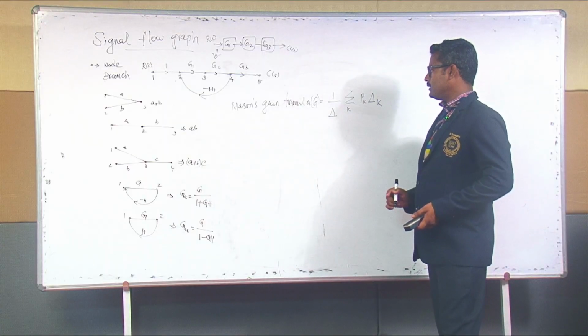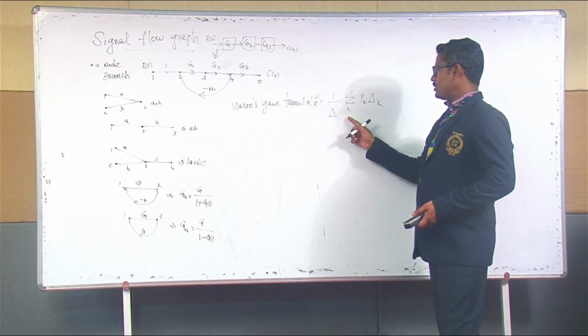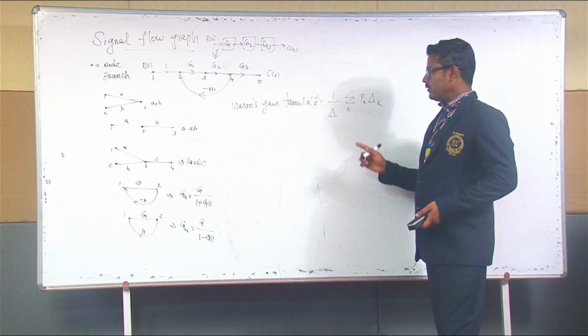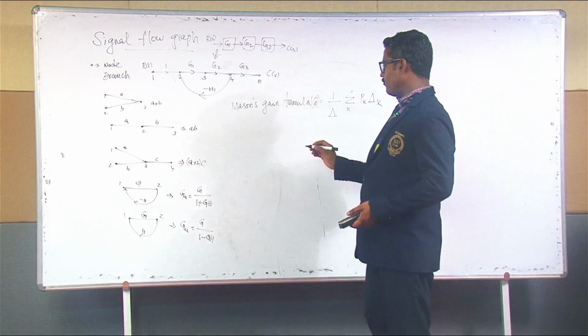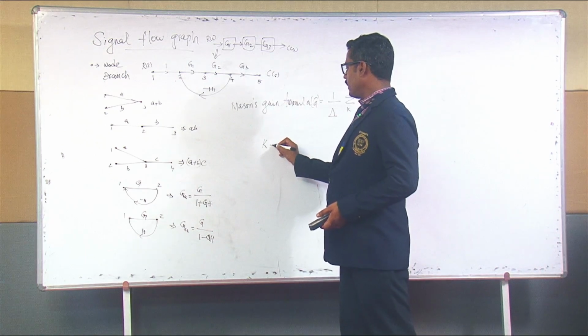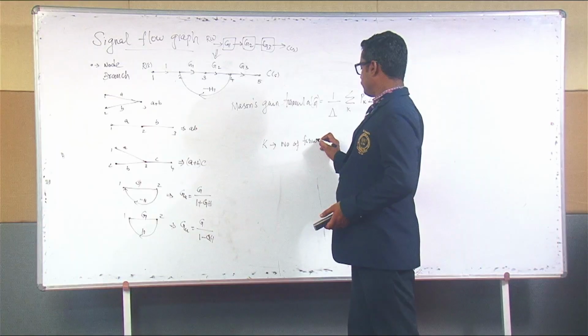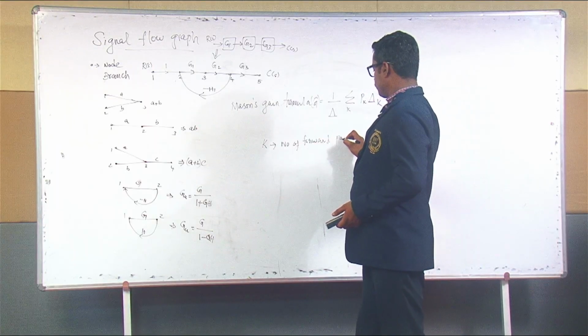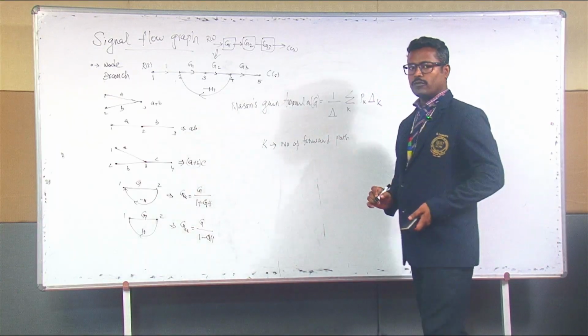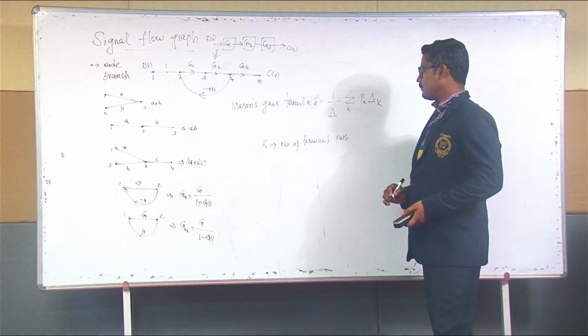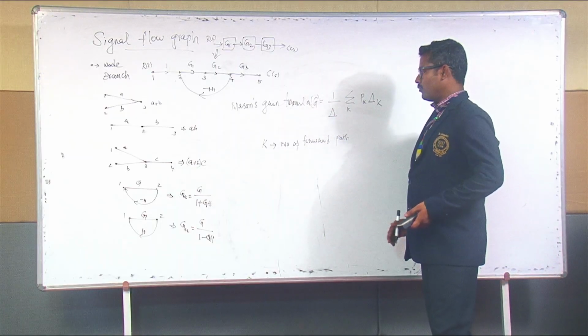Here del has a separate equation, and in Pk, the k represents the number of the forward path. It may be 1, 2, 3, 4 or any number of forward paths can be present in the signal flow graph.